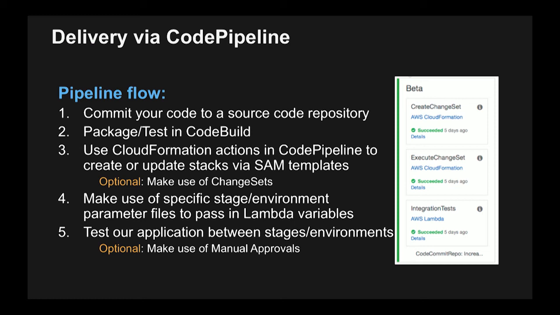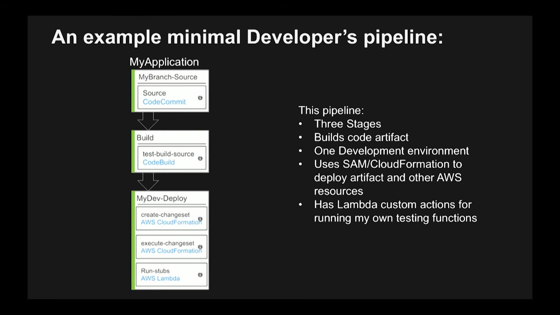Then we can make use of specific stage or environment parameters passed in via CodePipeline. I'll show you an example of this. And then we obviously want to test our application between stages and environments, depending on what stage we're in, depending on what kind of testing we need to do. So, a really basic developer environment pipeline might look something like this, which is basically what I just described.